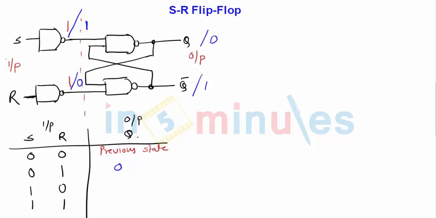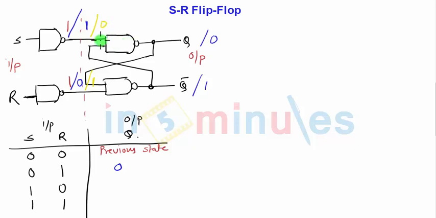If you make the third input, that is nothing but S is equal to 1 and R is equal to 0. Since S is equal to 1, the output will become 0 here, and for R this will definitely be 1 here. This is 1, the output of this NAND gate cannot be predicted, but S becomes 0, so the output of this NAND gate is predicted.